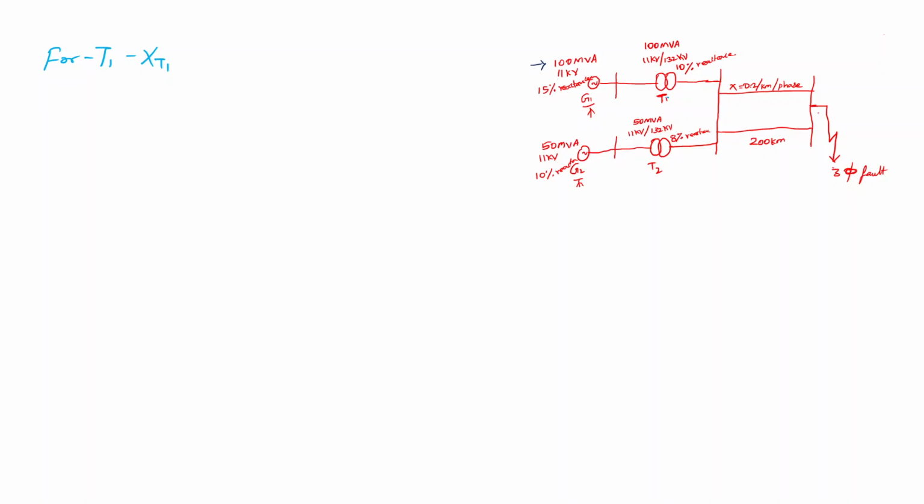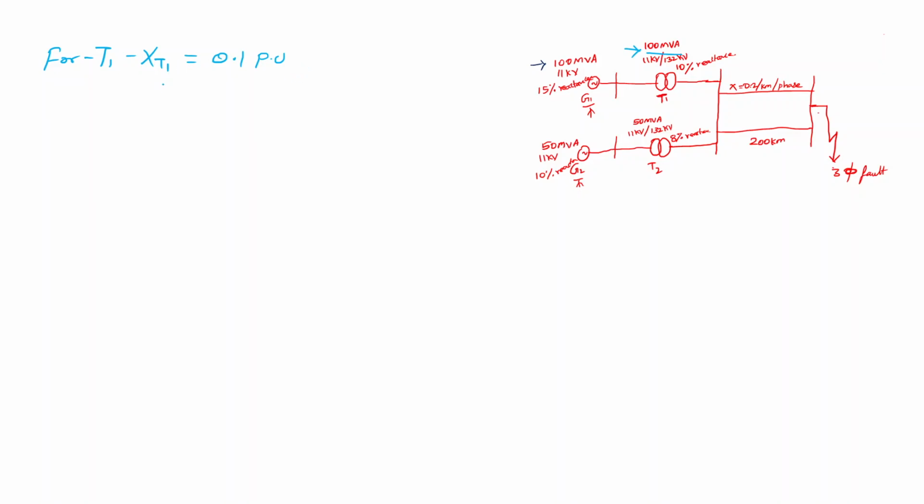They have directly given it for 100 MVA, so no change of base is needed, because it is already at 100 MVA. Directly I can take the value as 0.1, that is 10% of 1. So this is also per unit.